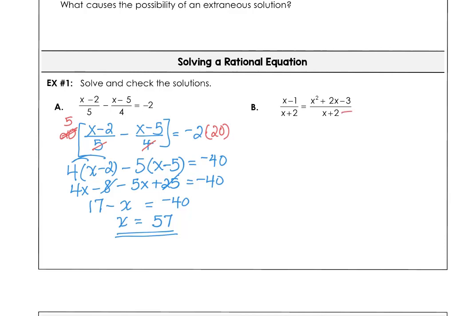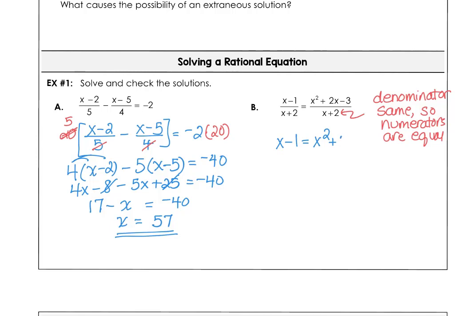In this next example, you notice that both of the denominators are the same. So in this particular example, if the denominators are the same, then all we need to do is care about the numerators, so we can solve for the equation that results from our numerators. x minus 1 is equal to x squared plus 2x minus 3.